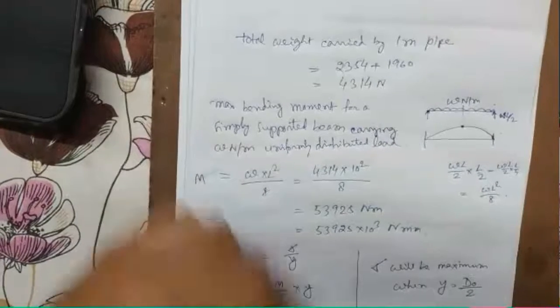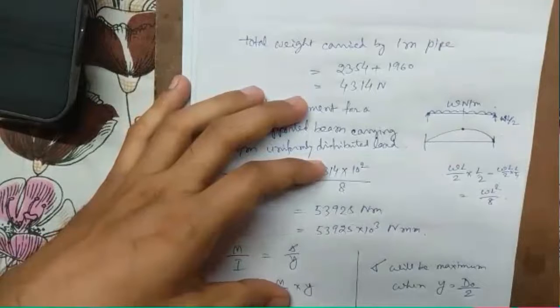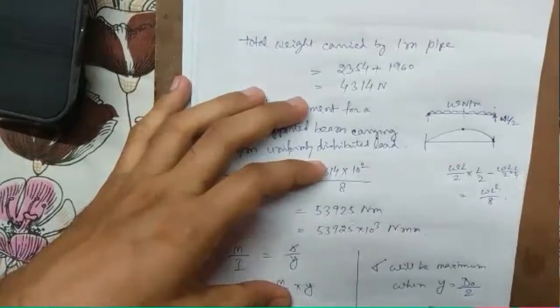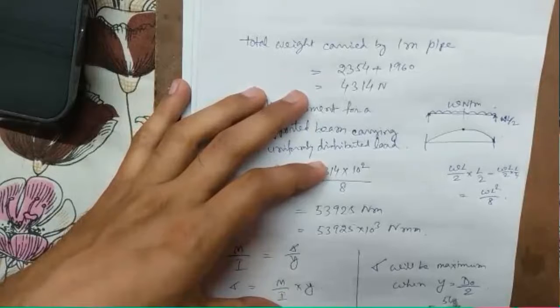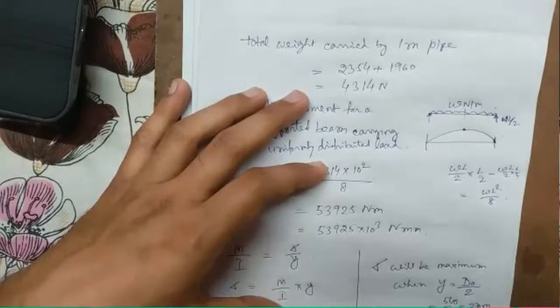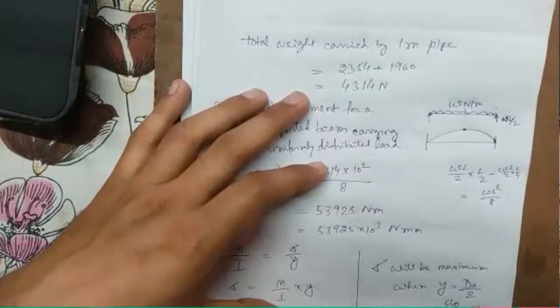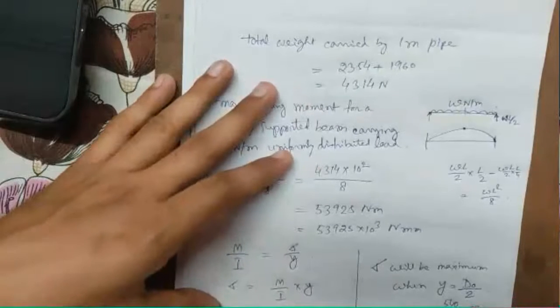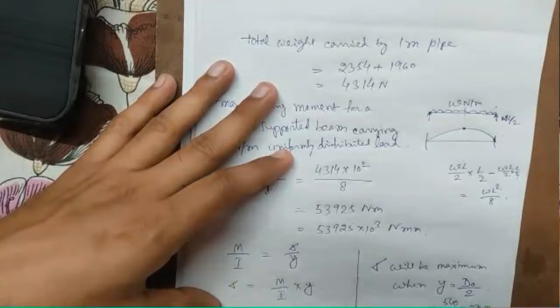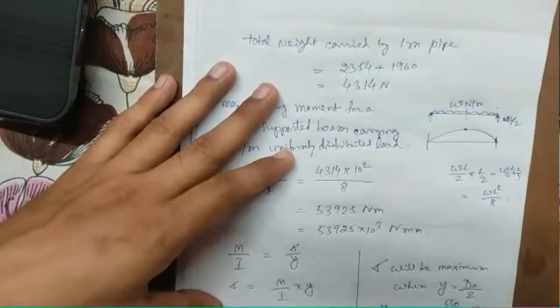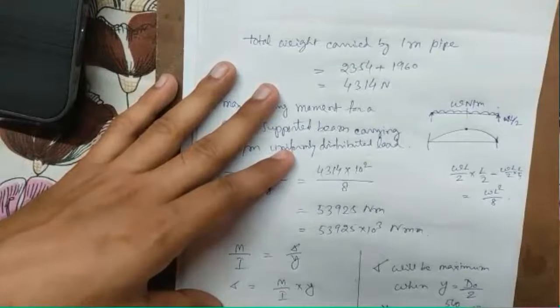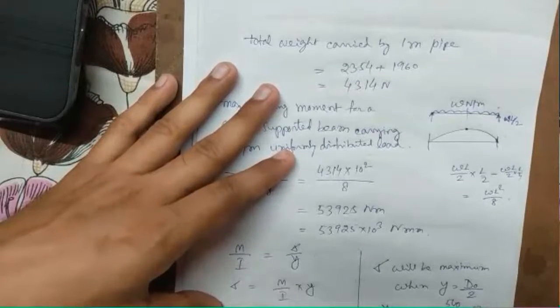Now putting this d outer value, which is 540 mm, by 2, it will be 270 mm. So y max is 270 millimeter.